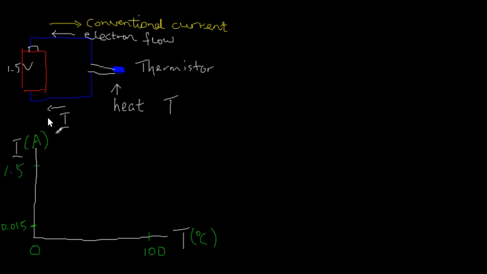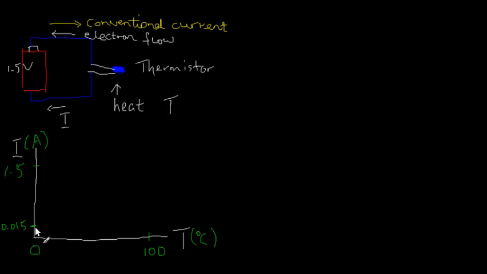Right, that's probably too large for a normal battery, but I'm just using this as an example. So let's say at 100 degrees Celsius, the ammeter measures a current of 1.5 amperes.